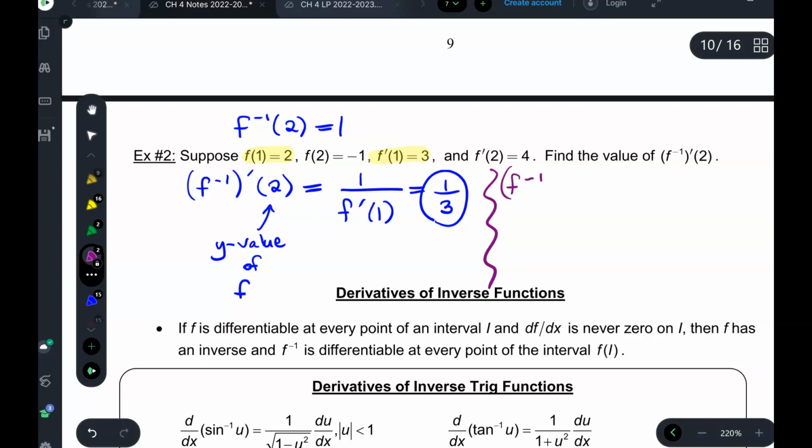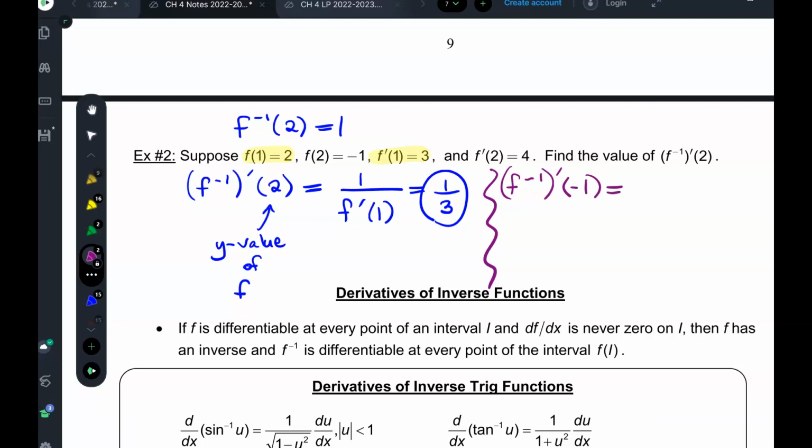Let's say I wanted you to find the derivative of the inverse of negative 1. Where is F equal to negative 1? At 2.